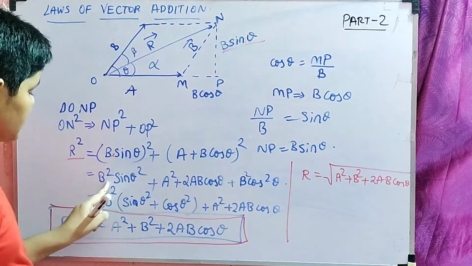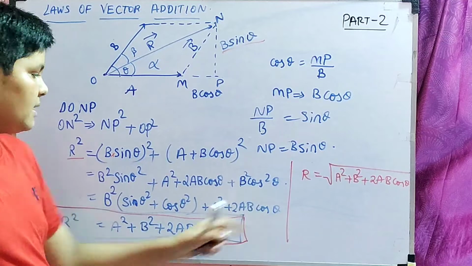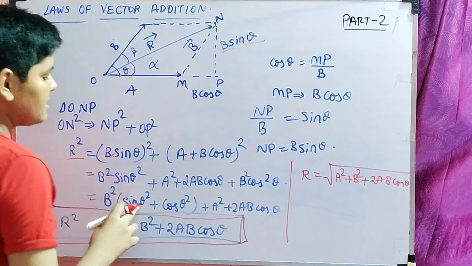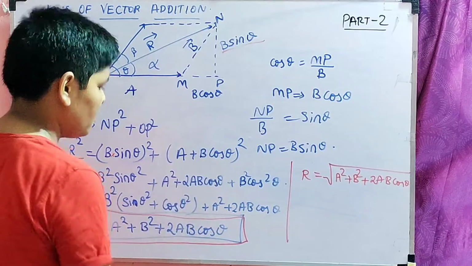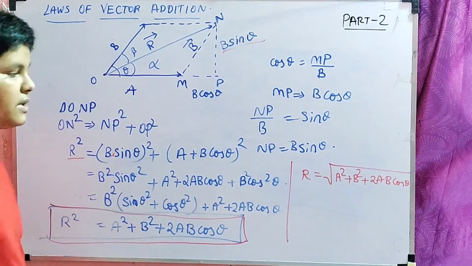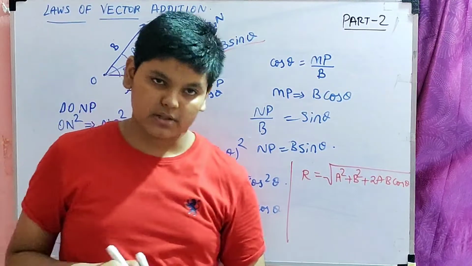Now b square sin square theta and b square cos square theta, if we take b square common, sin square theta plus cos square theta is equal to 1, so we have a square and 2ab cos theta. So here we got R square is equal to a square plus b square plus 2ab cos theta.